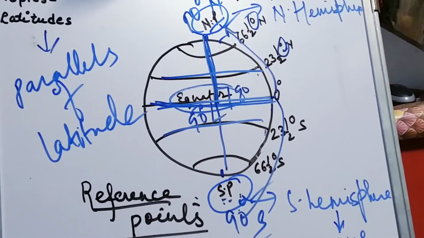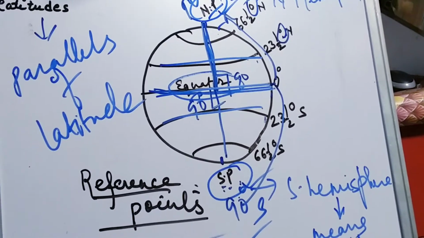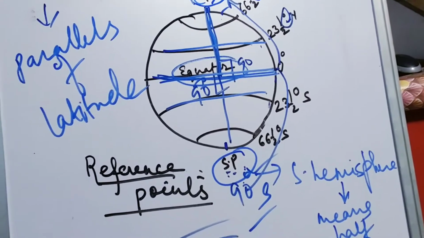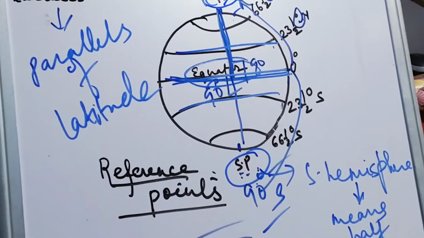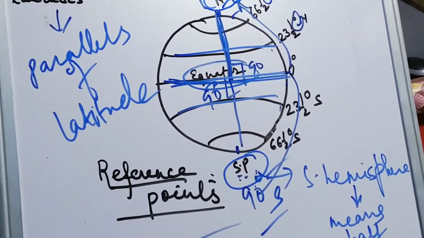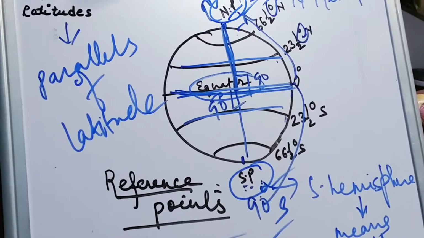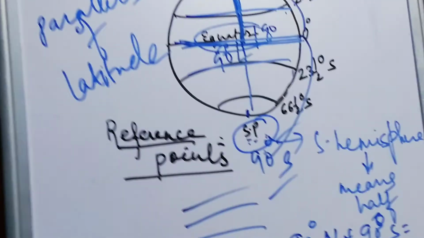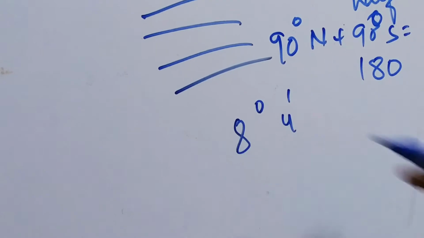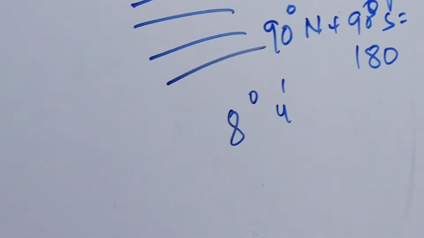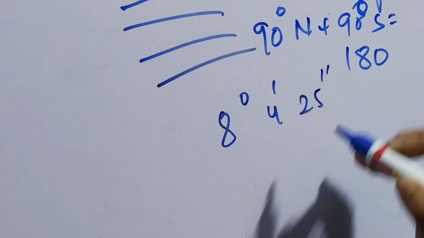Now each degree of latitude is divided into 60 minutes and a minute is further divided into 60 seconds. For example, the latitude of a place is called 8 degree 4 minutes 25 seconds. How will you write? 8 degree 4 minutes and 25 seconds.